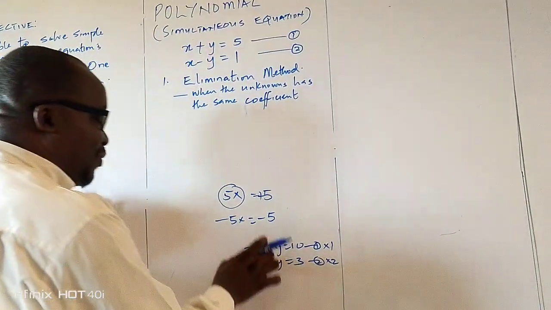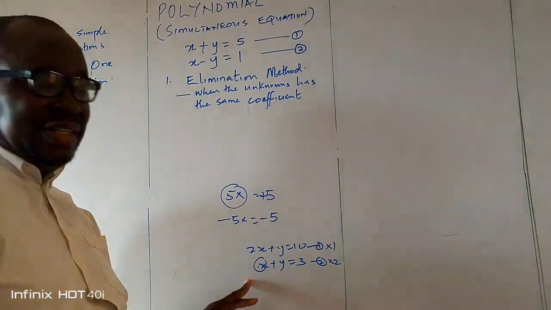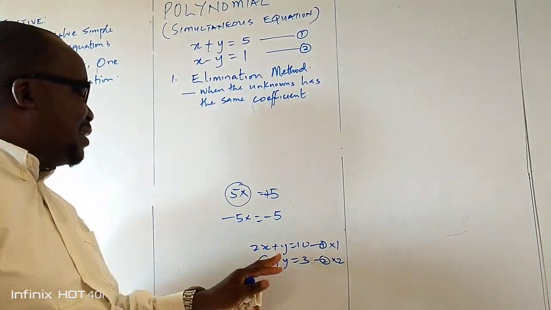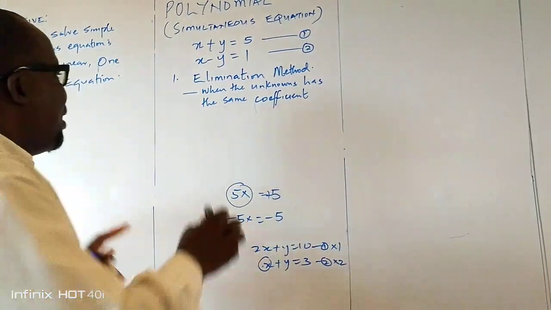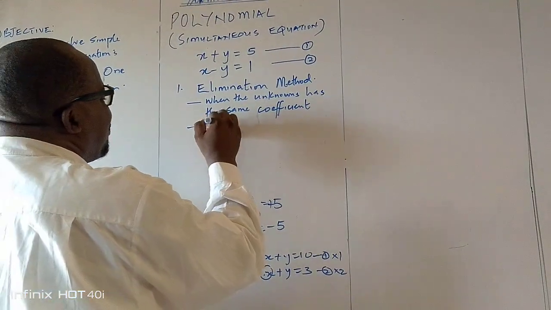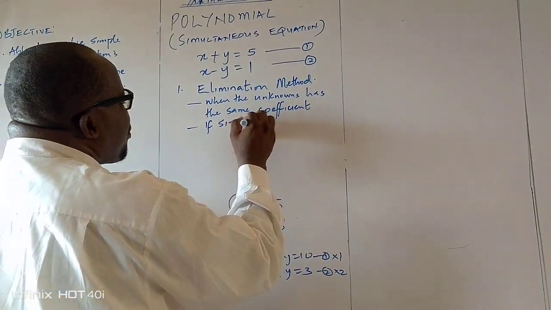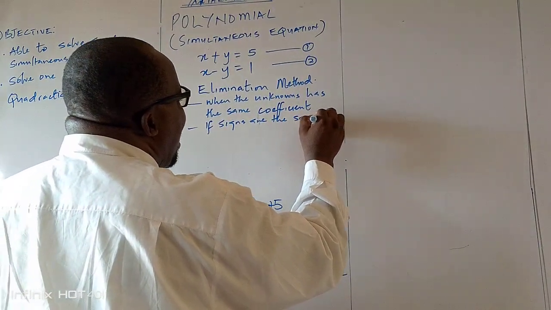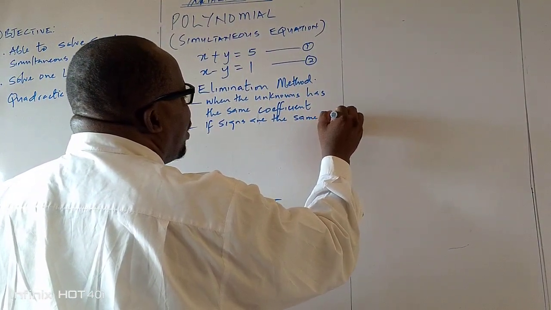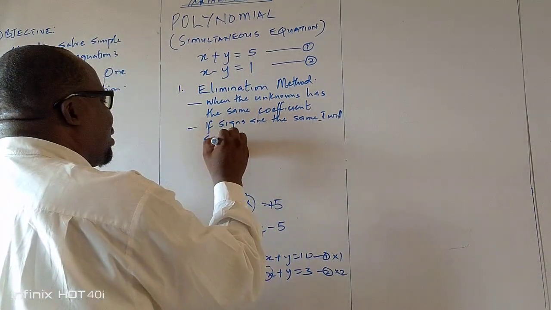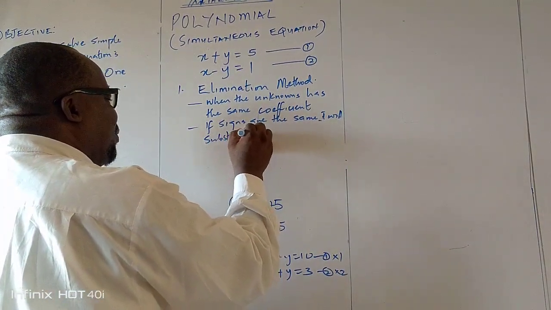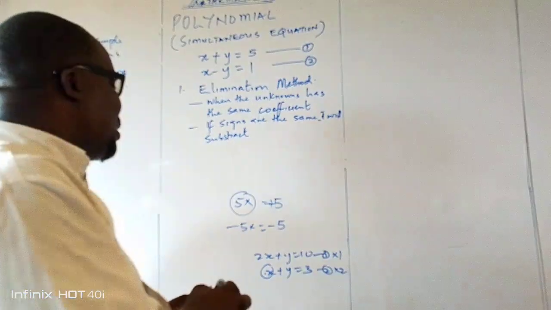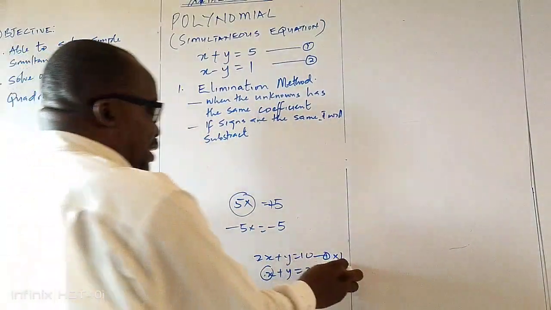In so doing, I have equal values of coefficient. Then I determine: if the signs are the same, I will subtract. But if they are different, I will add to get one of them sorted out.